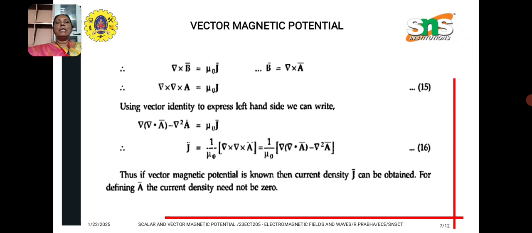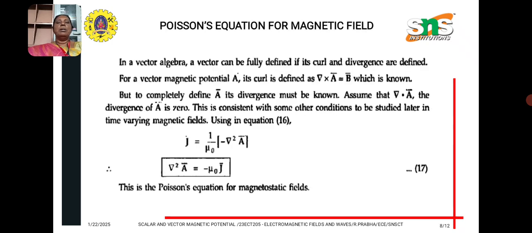So, for determining A vector, the magnetic vector potential, the current density need not be 0. In vector algebra, a vector can be fully defined if its curl and divergence are defined. For a vector magnetic potential A, its curl is defined as del cross A is equal to B, which is known.